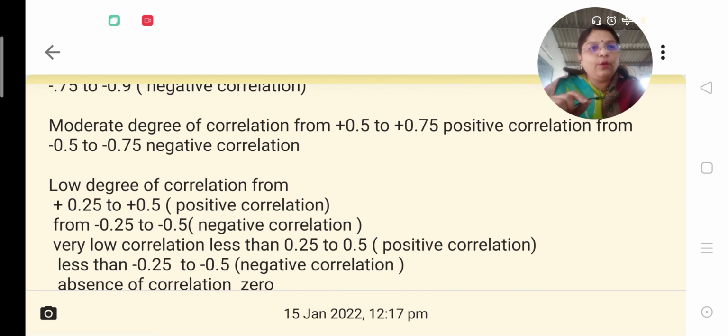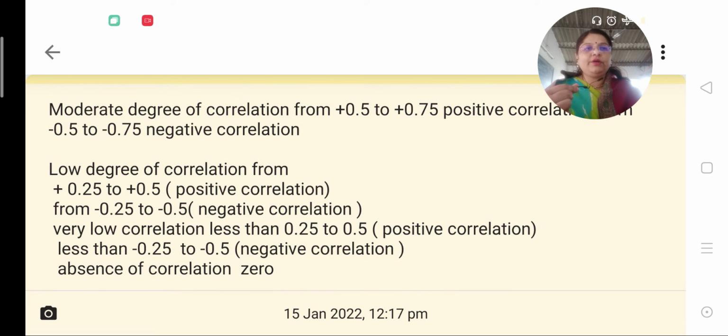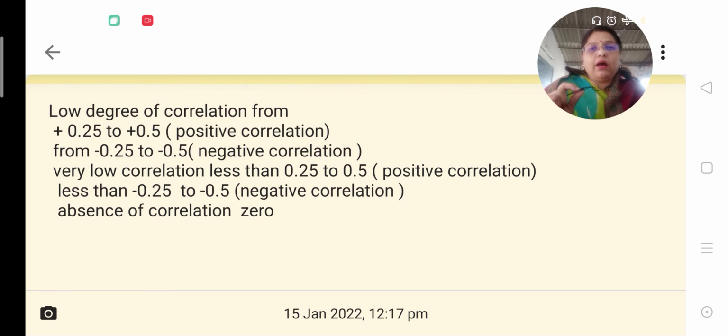There will be a low degree of positive correlation if the value of r is between +0.25 and +0.5, and a low degree of negative correlation if the value of r is between -0.25 and -0.5.